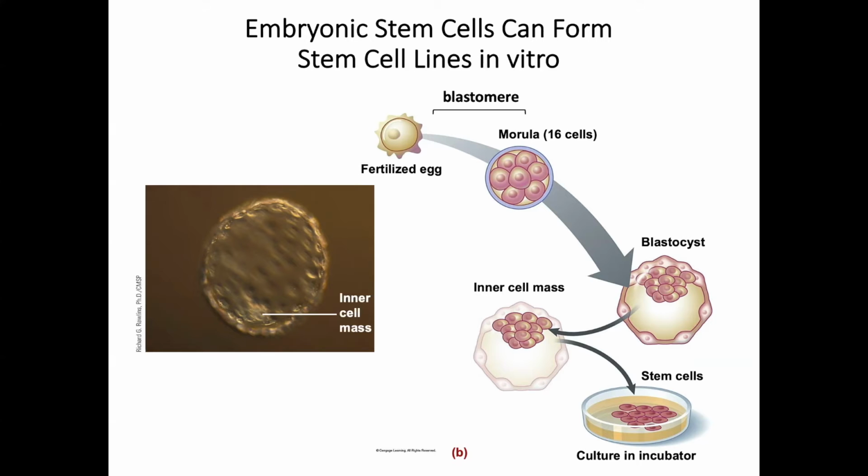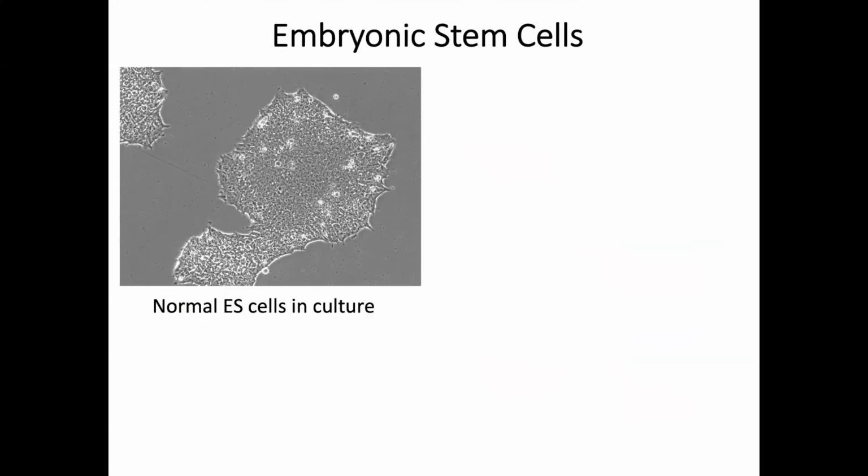Okay, in the lab, cells from the inner cell mass can be removed and cultured in the petri dish, in the incubators. And then they will grow into or form these embryonic stem cell lines, okay, cell lines.